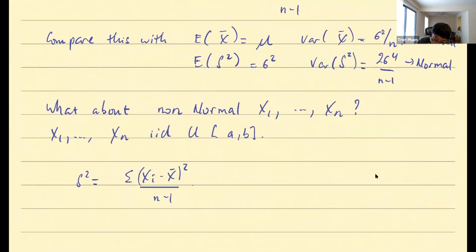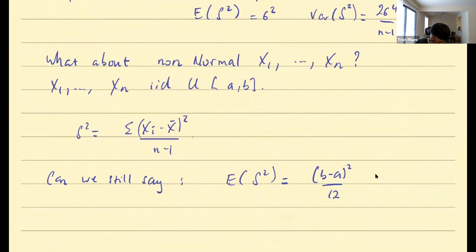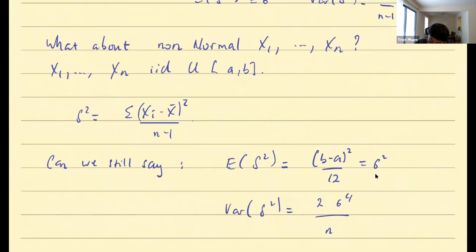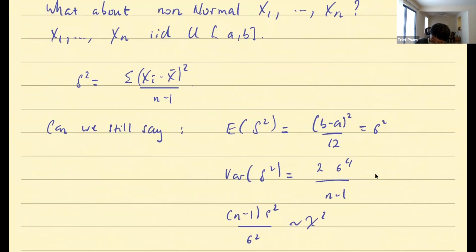So you should ask this question: can we still say the expectation of S squared is equal to, well, in this case, sigma squared, which is (B minus A) squared over 12? The variance of S squared, I don't know, is 2 sigma to the fourth over n minus 1, and then (n minus 1) S squared over sigma squared has a chi-square n minus 1 distribution.